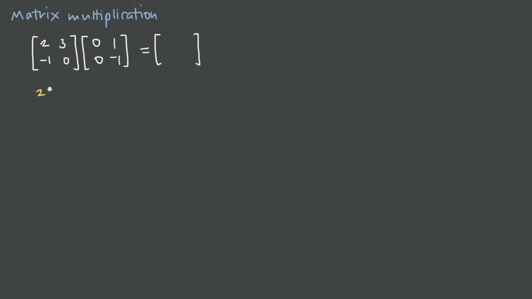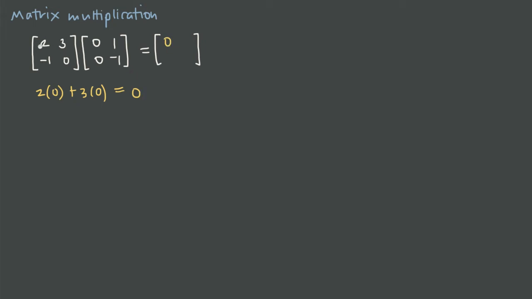So we're going to get 2 times 0, the first entry in the first row and the first entry in the first column, plus 3 times 0, the second entry in the first row and the second entry in the first column. And the result there will, of course, be 0 plus 0, or 0. That entry is going to go here in the 1, 1 position.